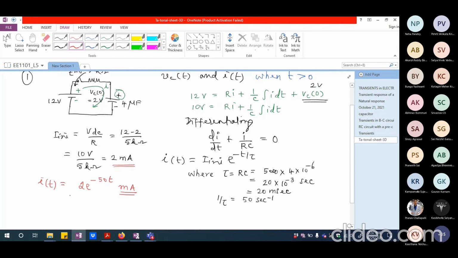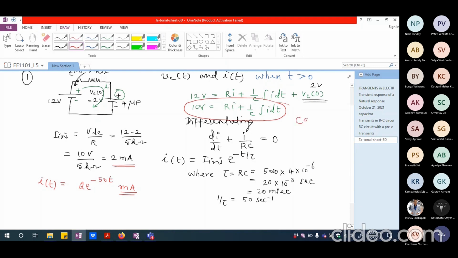Ma'am, why did we differentiate, like differentiating di by dt plus I by RC? I didn't get it. If you want to solve the differential equation, I am converting an integral equation into a differential equation. That's all. This was an integral equation. Rather than that, I am just trying to do it as a differential equation. You could have written the whole thing in terms of voltage also.